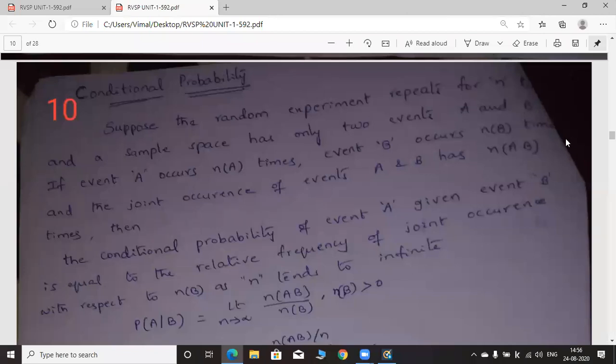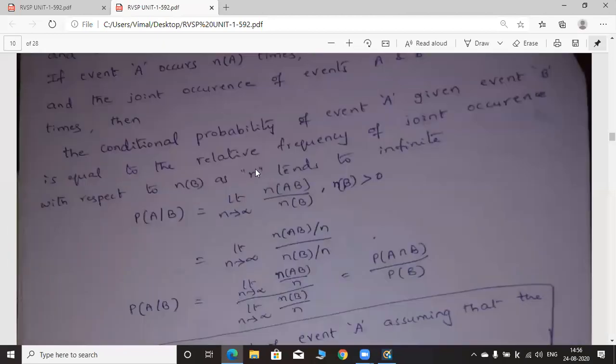Then the conditional probability can be calculated like this: limit n tends to infinity, n of AB by n of B. We have to divide both numerator and denominator by n, and split the limits also.